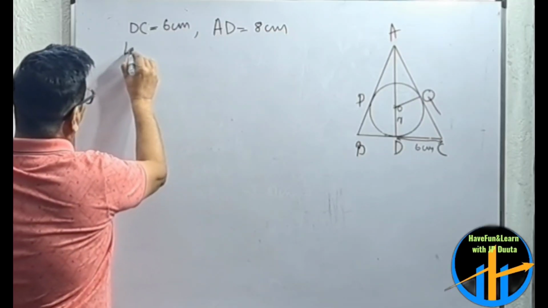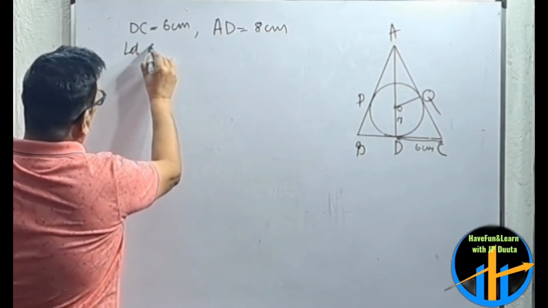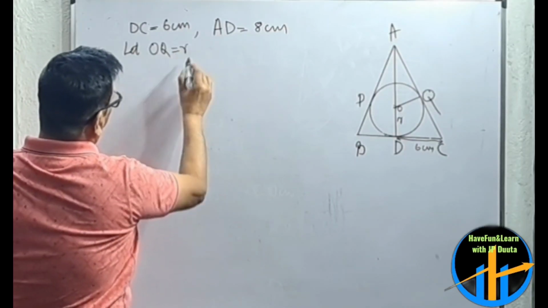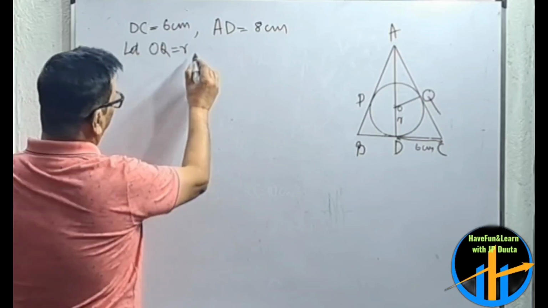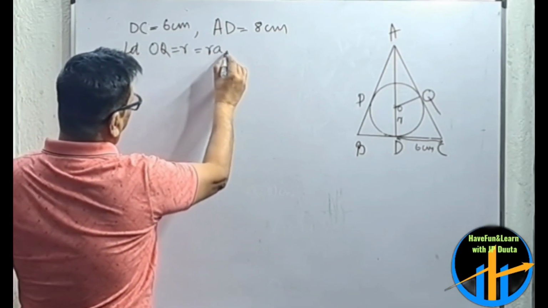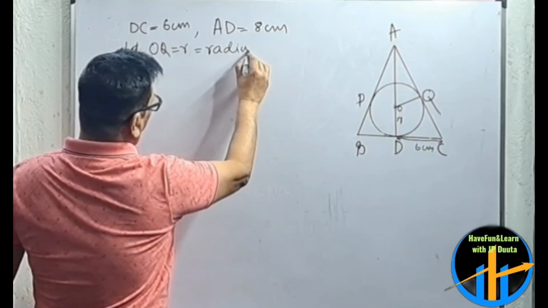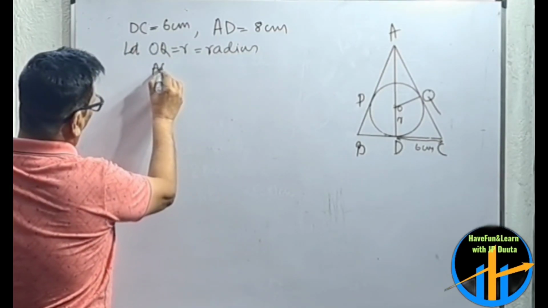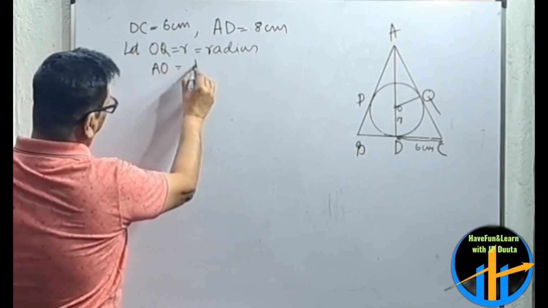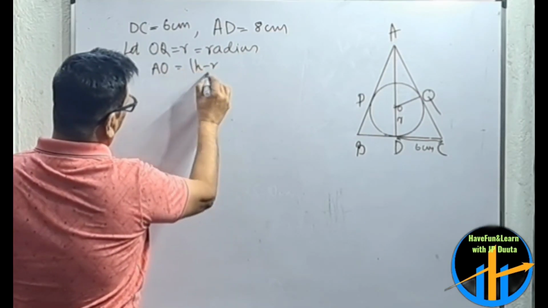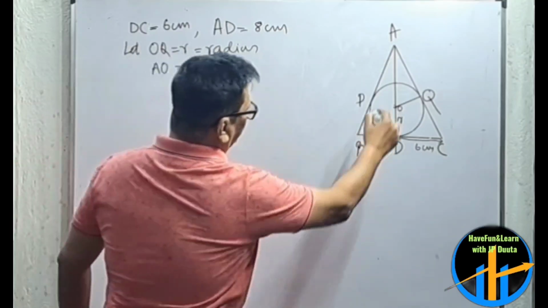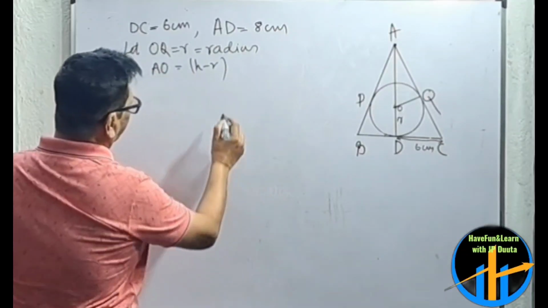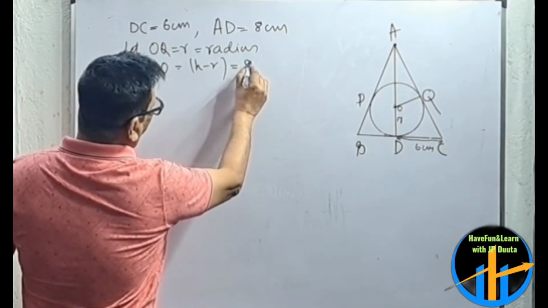Let OQ is equal to radius R. Also from the figure, AO is equal to H minus R. Have you got it? This part from A to O will be H minus R.